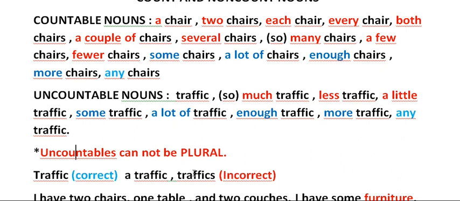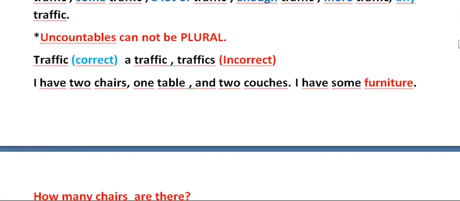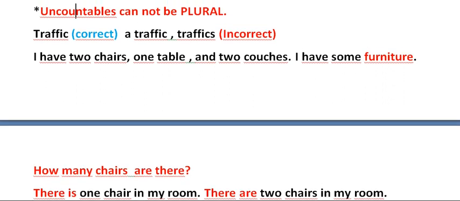That's incorrect. Only traffic. So I have two chairs, countable, one table, countable, and two couches, countable. I have some furniture. I don't say I have some furnitures. That's incorrect. I have some furniture.